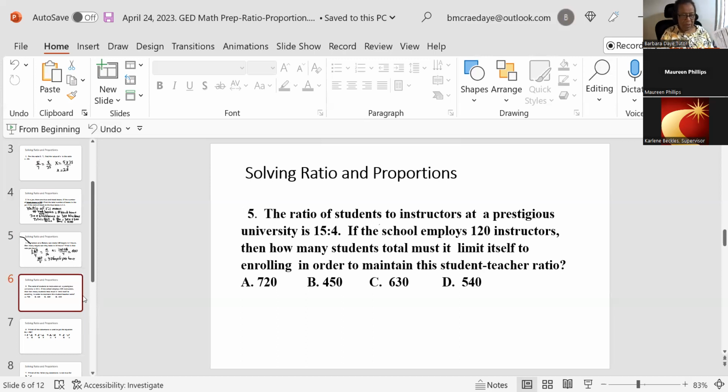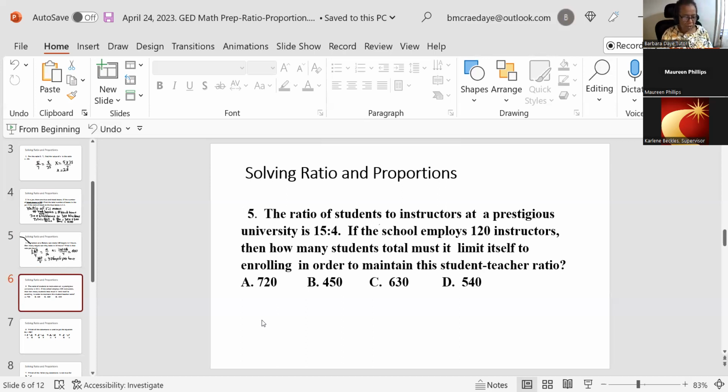That's not 15 point 4, that's a ratio. Students to instructors, in other words, 15 students to 4 instructors. So if you have 120 instructors, how many students total could you enroll and keep that same ratio?